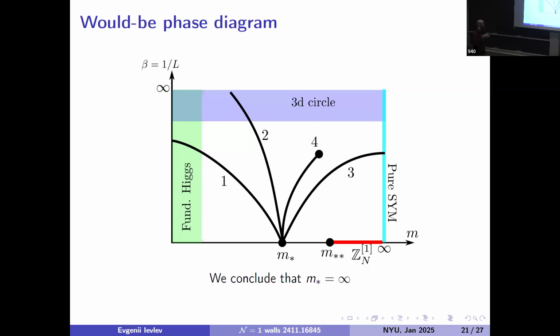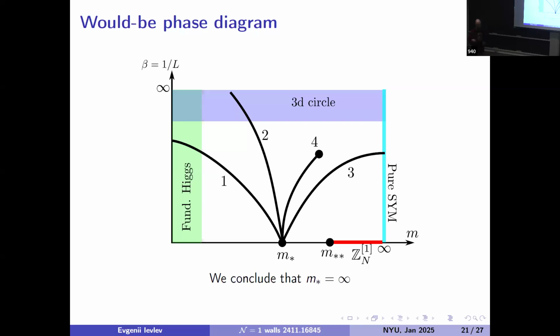Therefore we exclude this line, and we conclude that this phase transition at finite value of quark mass actually cannot happen. It's not, of course, a 100% argument, but it's the best that we came up with. Therefore, we argue that this M star is actually located at m equals infinity, and this phase transition line actually goes along this pure super Yang-Mills line. And this is allowed if you study more carefully what happens in various limits. So this is the only possibility that gets left.